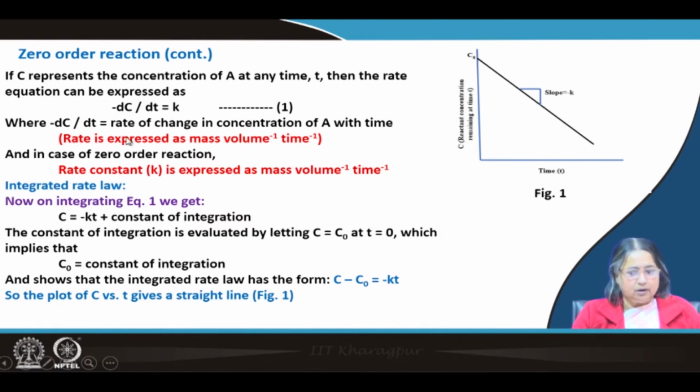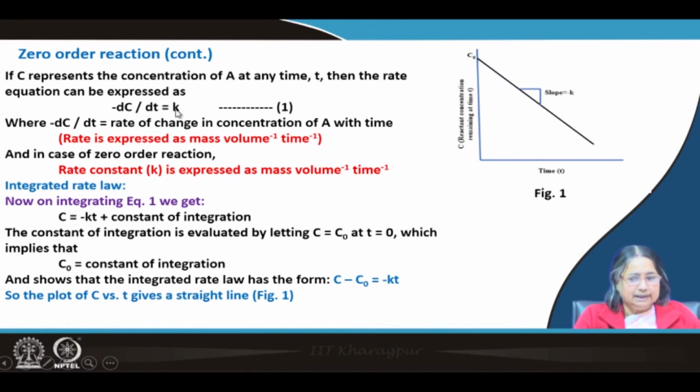The rate is always expressed in terms of mass per volume per time, and it is up to you what units you use for volume, time and mass.